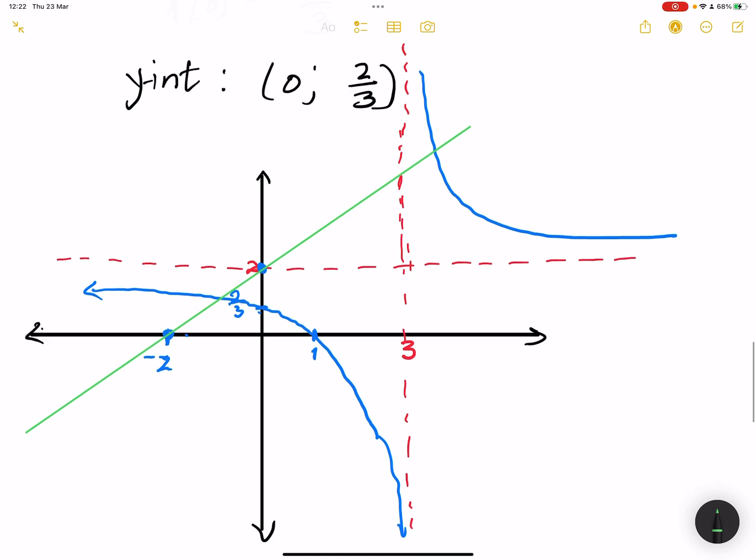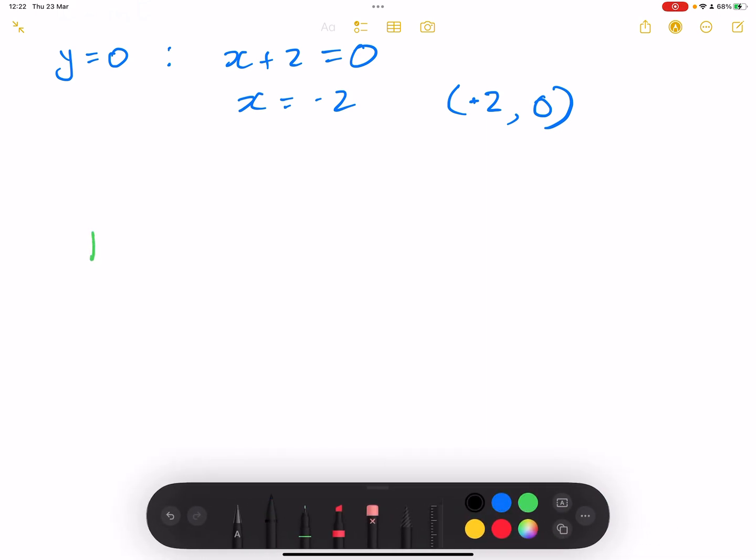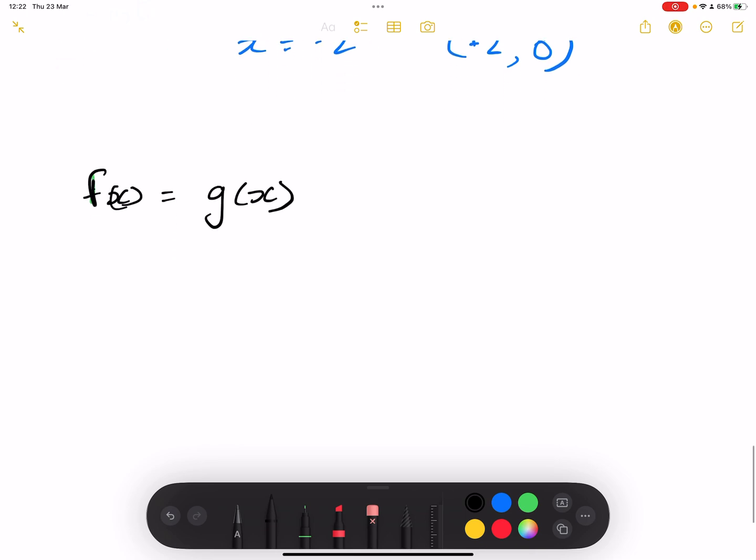Now, in this case, we're simply saying, where f of x is equal to g of x, right? But we know that f of x is 4 over x minus 3 plus 2. Where is it equal to the graph of x plus 2?